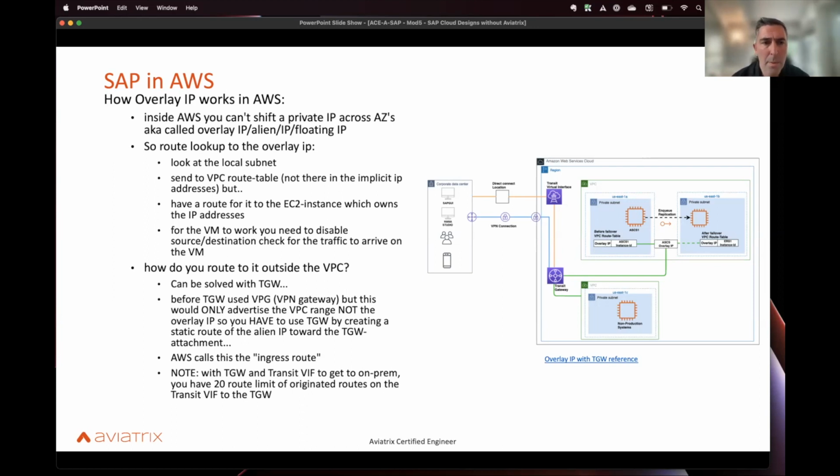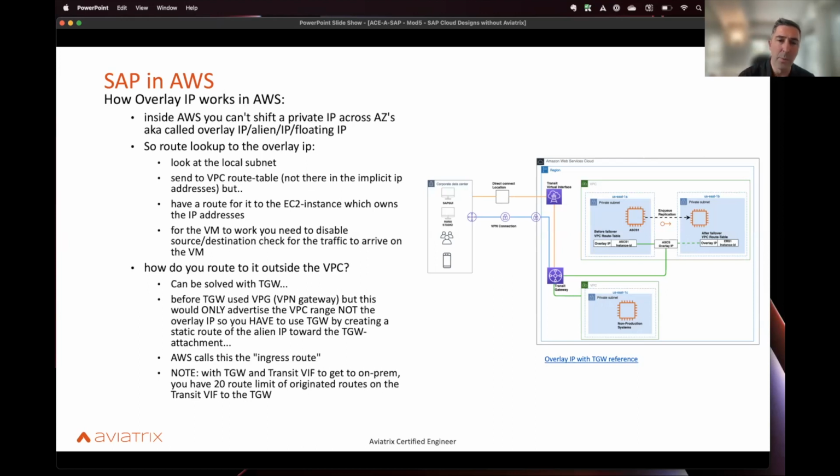The next question is, how do I route to that overlay IP? If you use AWS's native infrastructure to do a route lookup to the overlay IP, you look at the local subnet, then you send it to the VPC route table. But the problem is there's no implicit IP address in that VPC route table.